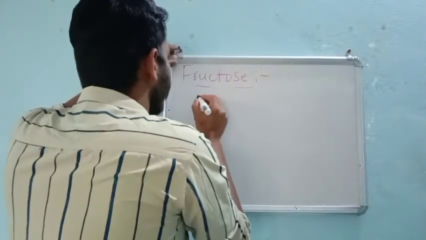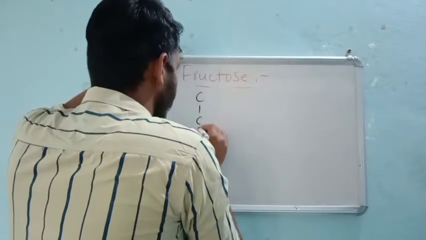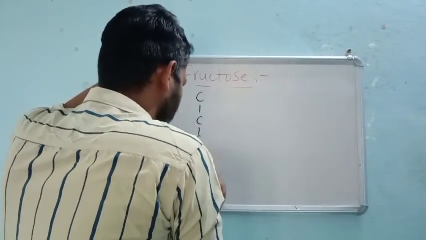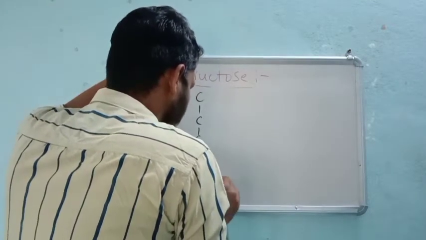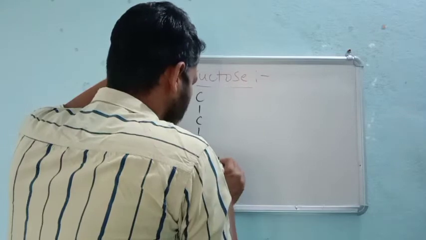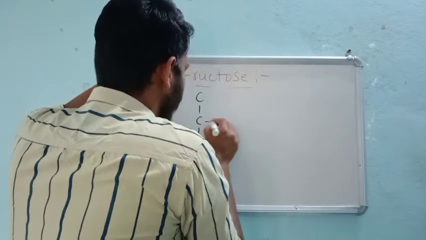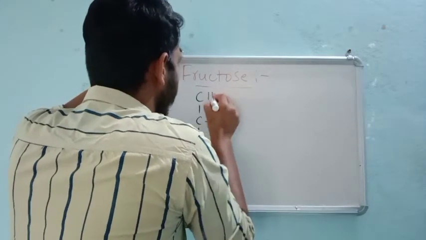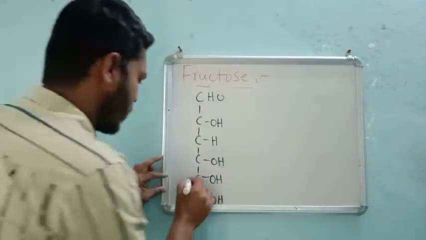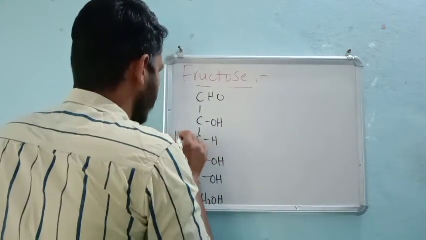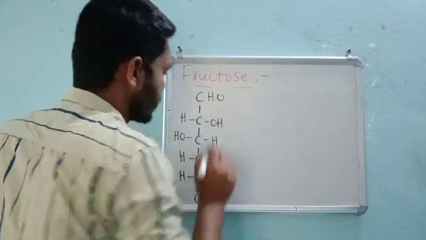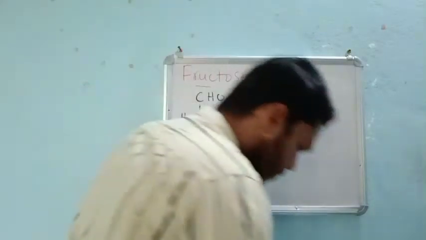See now, 1, 2, 3, 4, 5 and 6: CH2OH, OH, OH, H, OH, CHO, and now H, H, OH, H. So this is the case with glucose.